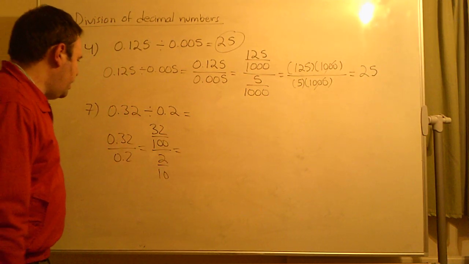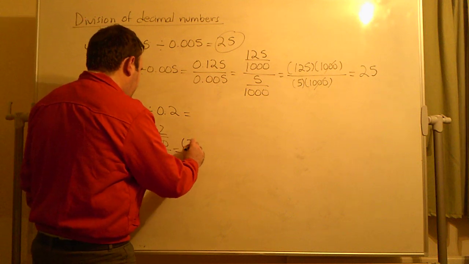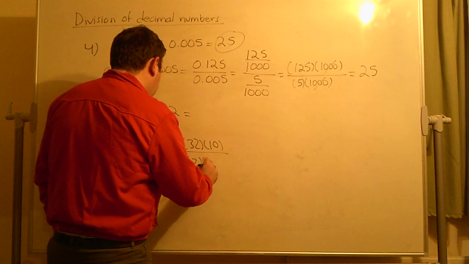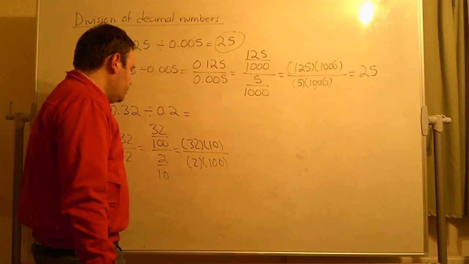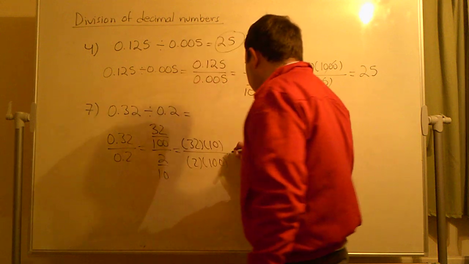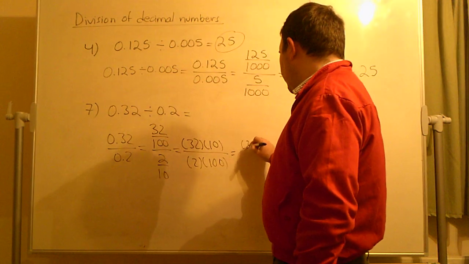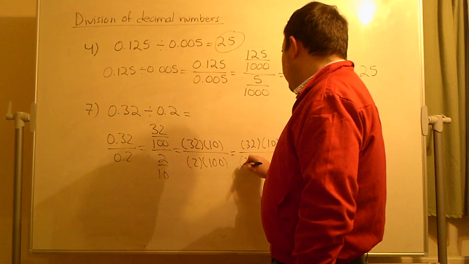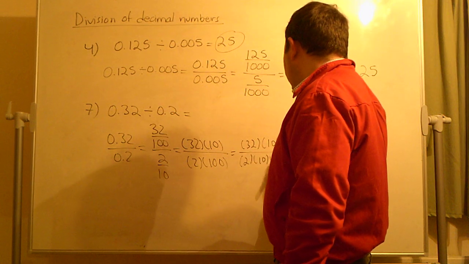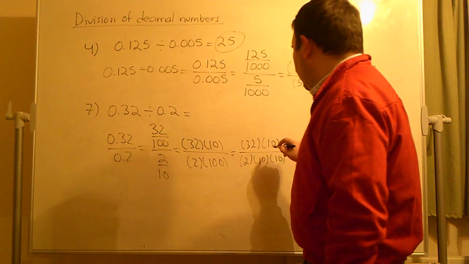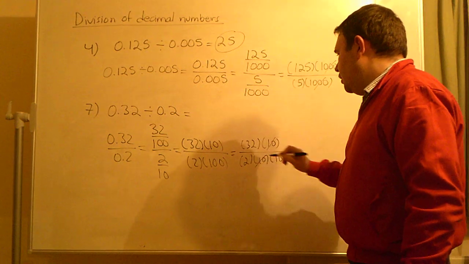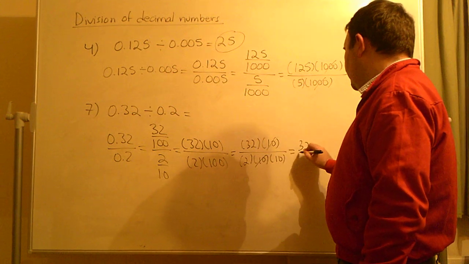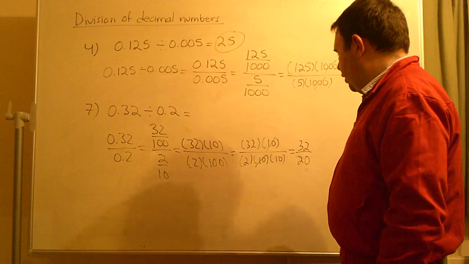And now we multiply extremes, and we will have 32 times 10, and here 2 and 100. So this will be 32 times 10, and then this would be 2 times 10 times 10, and then 10 divided by 10 is 1, and then we would have 32 divided by 20.